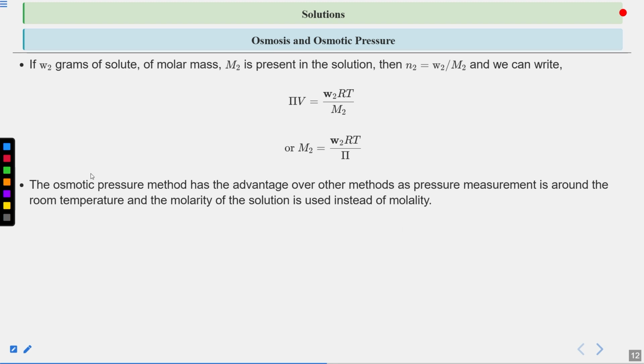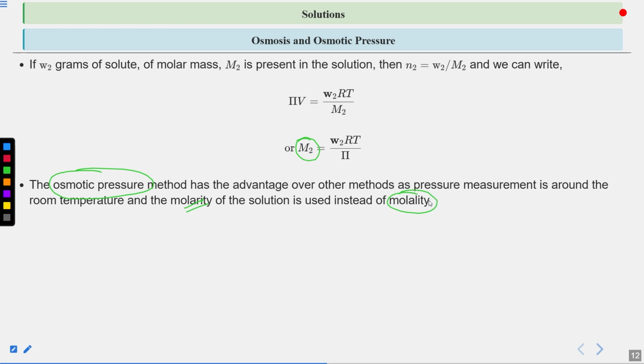Now, this osmotic pressure has an advantage over other methods in calculation of the molar mass of the solute because it is dependent upon the molarity and not upon the molality. If you have studied the molarity and molality difference very minutely, then you must know that molarity is much better than molality, because molarity is dependent upon volume and volume is a function of temperature.